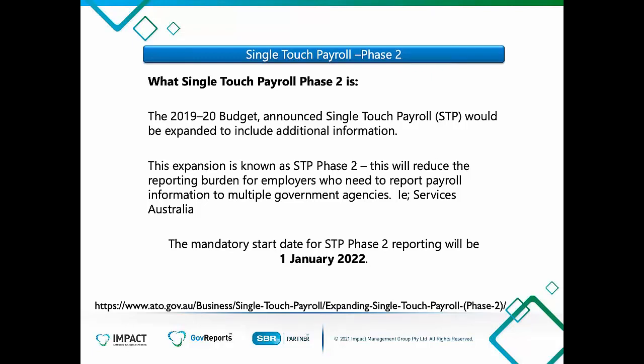It was supposed to start on the 1st of July this year, but people have made declarations to the tax department that they can't do it, so there is a mandatory start date of the 1st of January. I think GovReports have been great, which I will get to. So we've got 6 months where we can take our time to onboard our clients up into Phase 2.